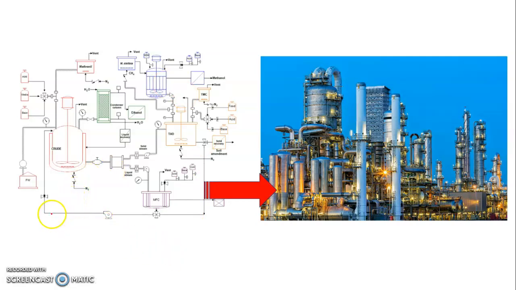As you can see here, there are symbols and some letters, different types of pictures, different symbols. This is what we call P&ID. Before we come up with the P&ID, we have to draw or design the PFD, or process flow diagram.